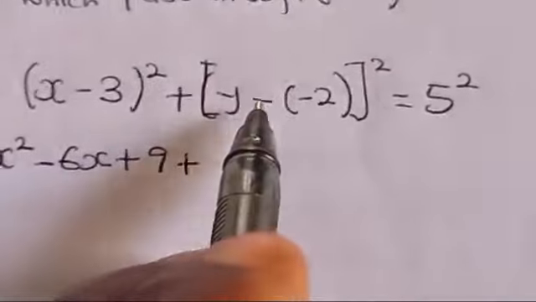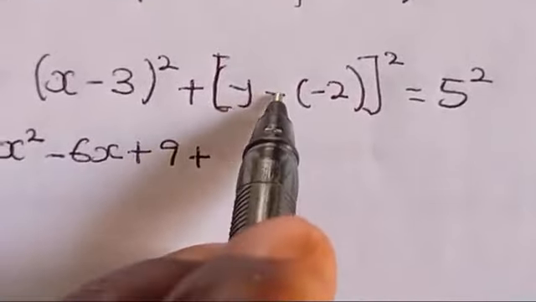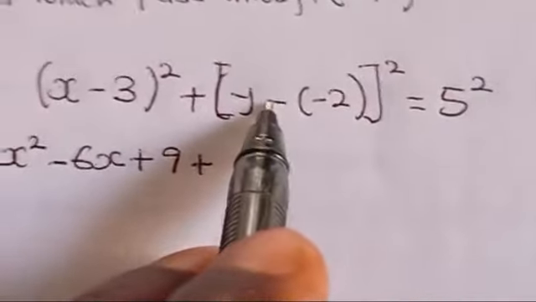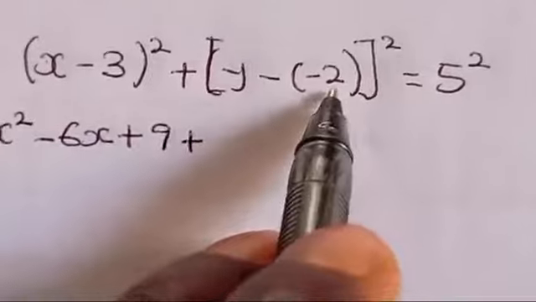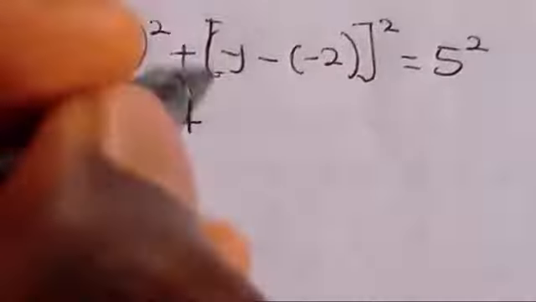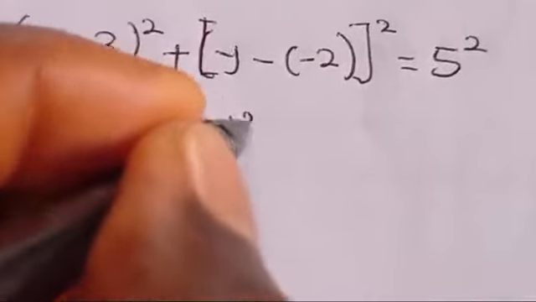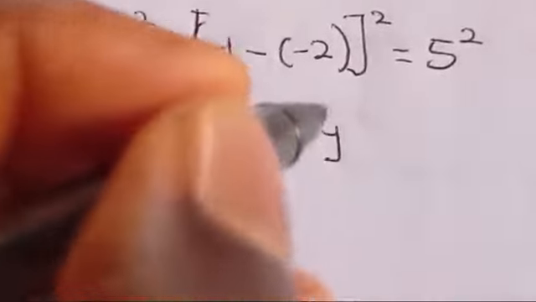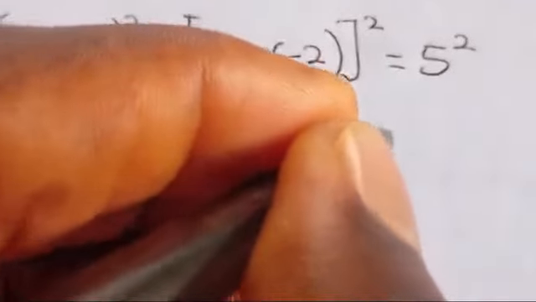Plus, this is y minus minus 2. y minus minus 2 is equal to y plus 2. And y plus 2 squared, you will have y squared plus 4y plus 4.